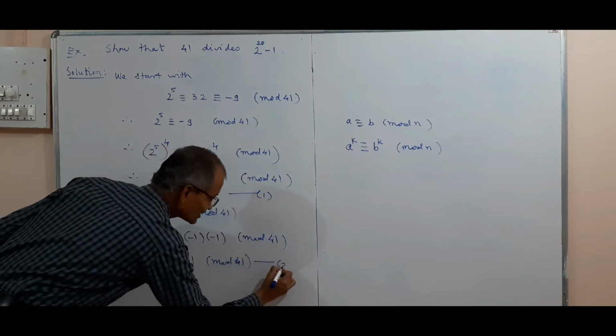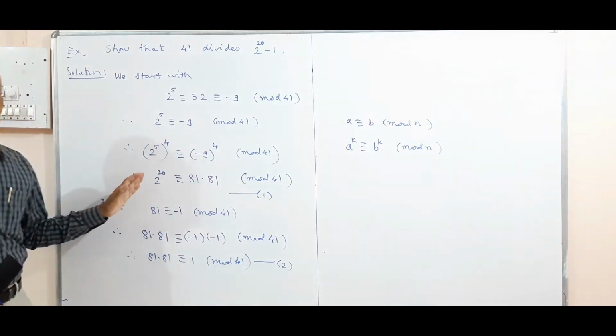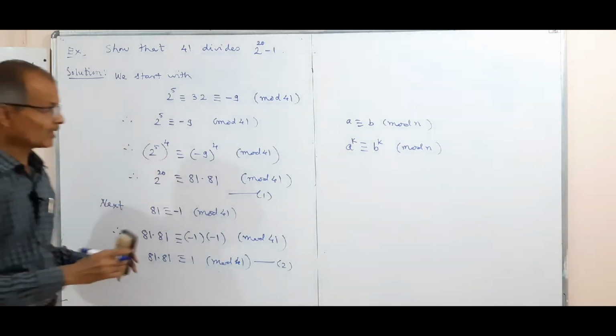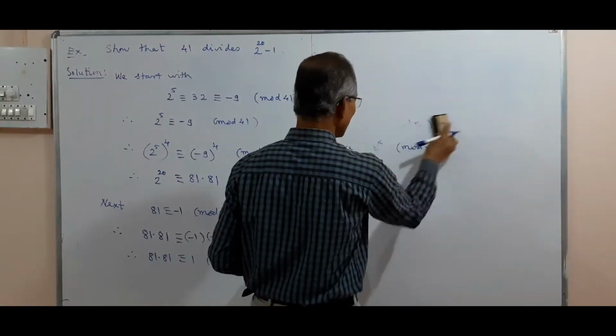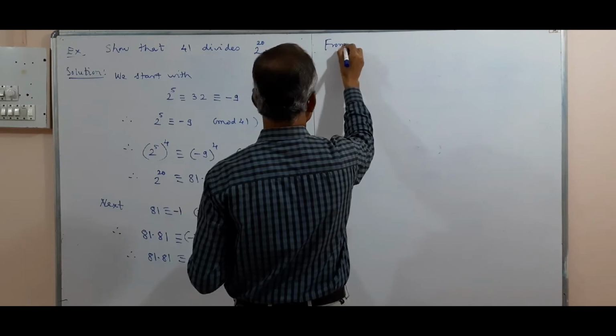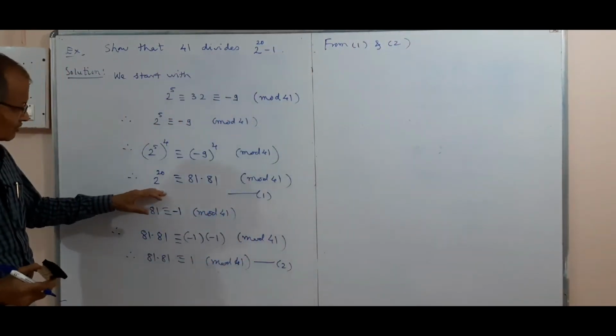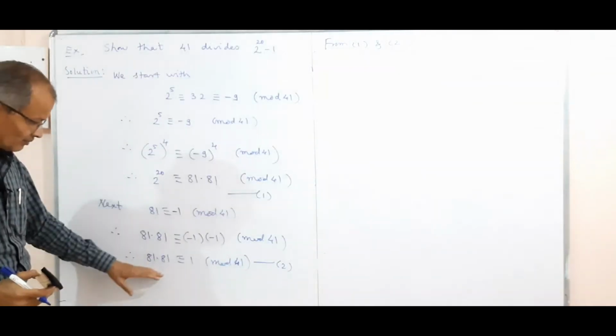And now we refer to this as second. We again use the transitive property, that means the third property of theorem 2. What the third property says is, combine 1 and 2. From 1 and 2, 2 raised to 20 is congruent to this number, and this number is congruent to 1.